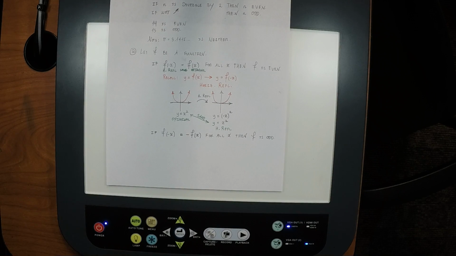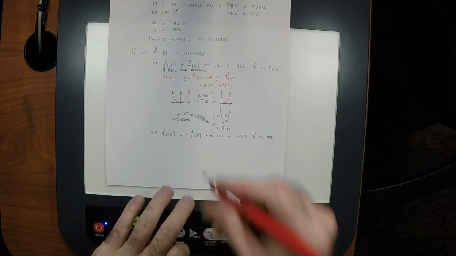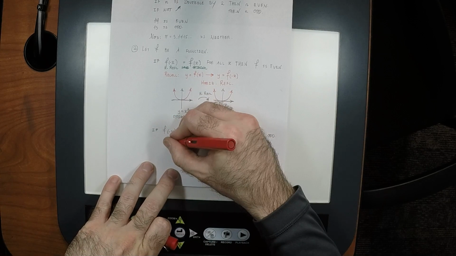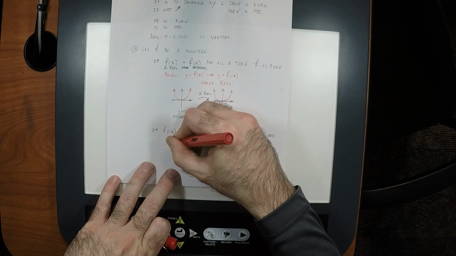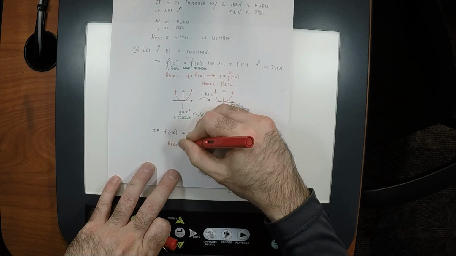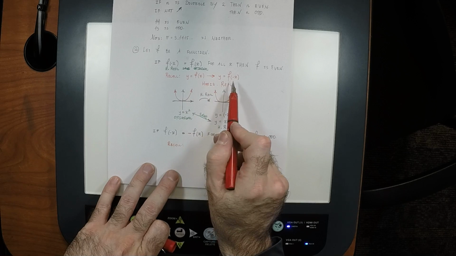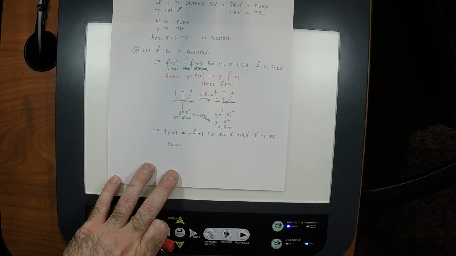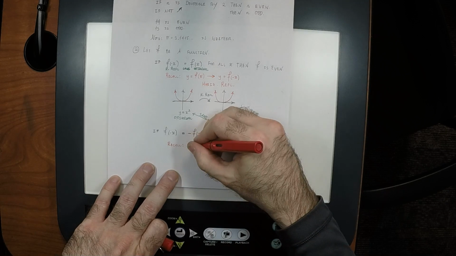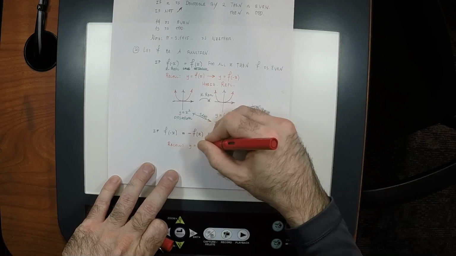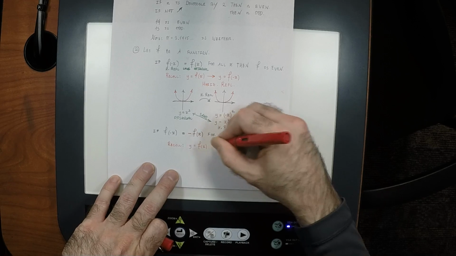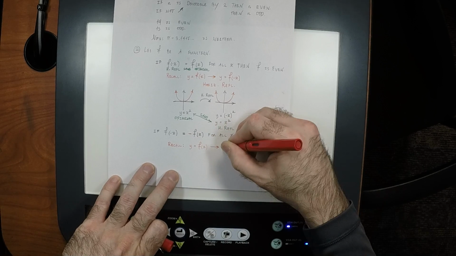Okay, so let's understand the meaning of that, why that definition should make sense, and what it means. So recall that, so this one, what we did is we changed x to negative x. So now I'm going to do the same thing, but with the y's, which is to say that we take y as f of x, and we make the transformation where the y becomes a negative y.